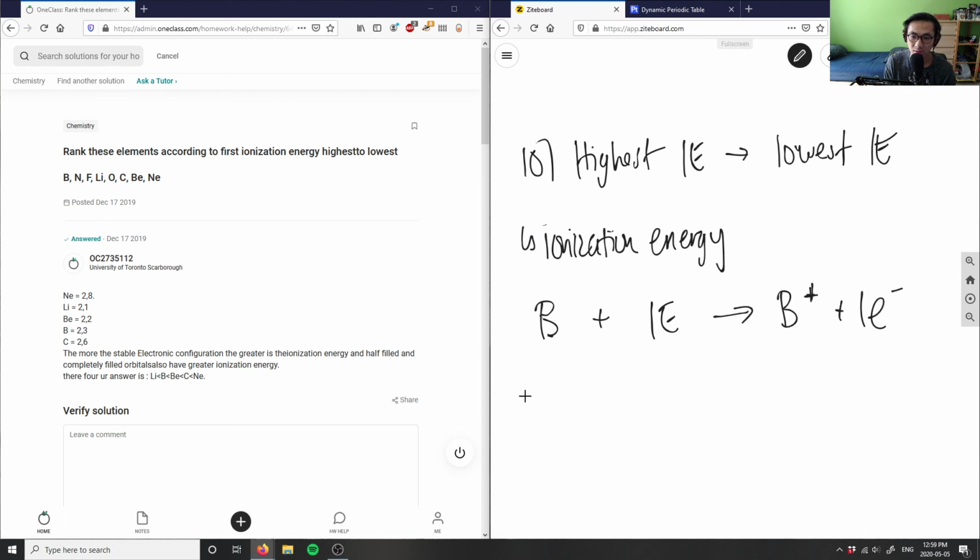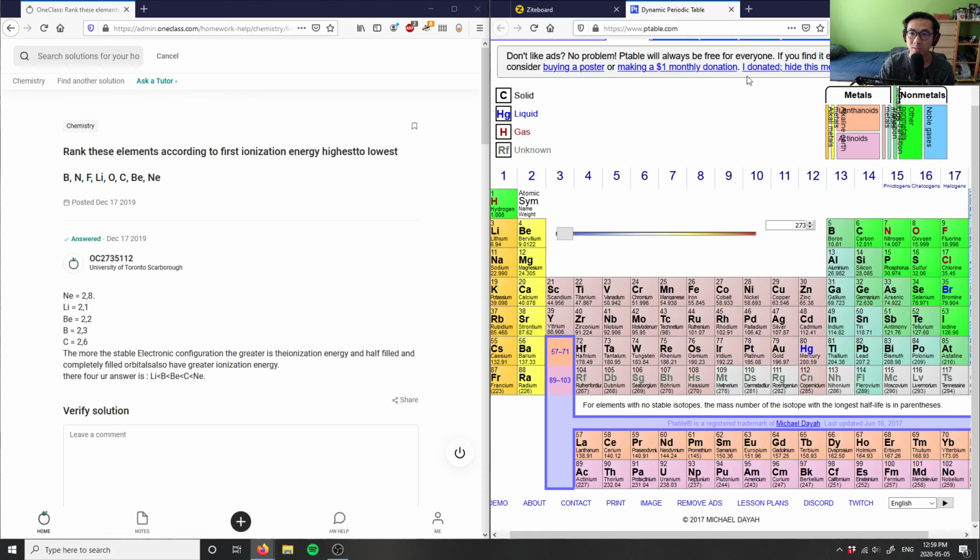So IE increases from left to right. And since I want highest to lowest, I'm simply just going backwards.